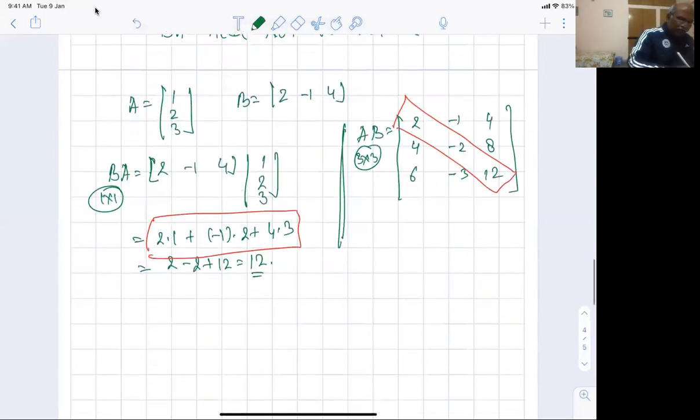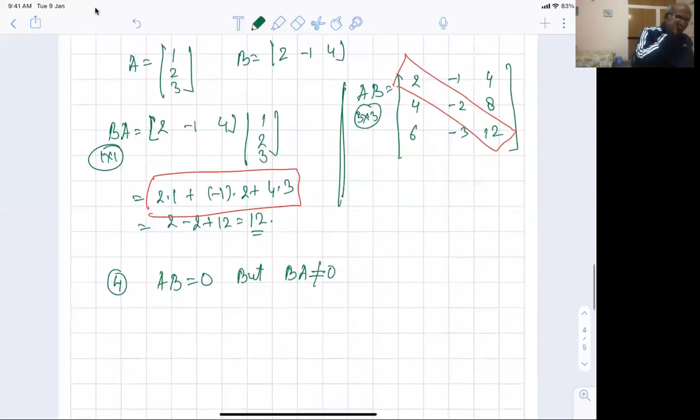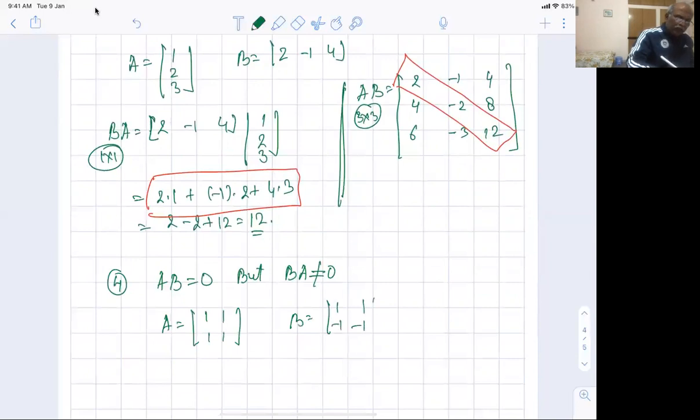Fine. Another thing I would like you to know is that it may happen that A times B is 0, but B times A need not be the 0 matrix. All right. So let's take an example. You can create one yourself. If I take A as 1, 1, 1, 1 and B as 1, -1, 1, -1, then you can see that AB is 0, 0, 0, 0.